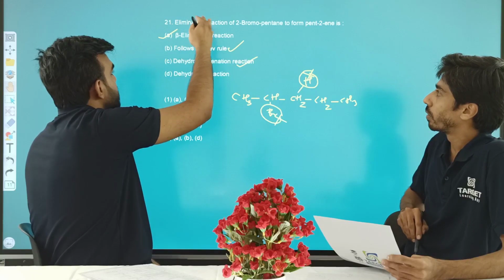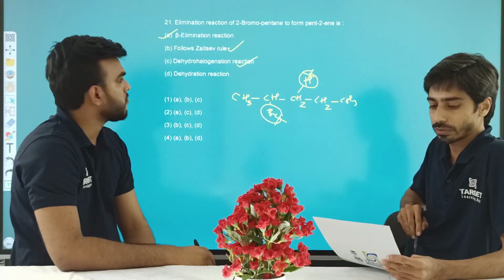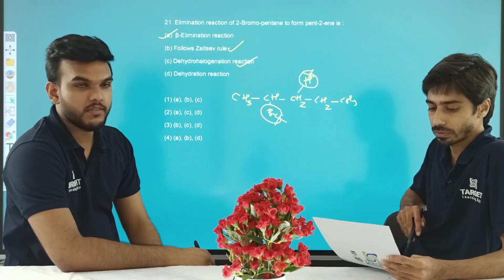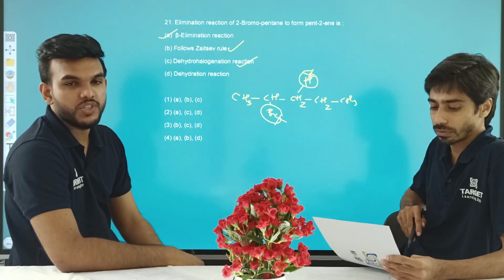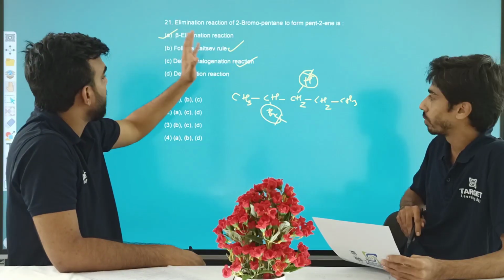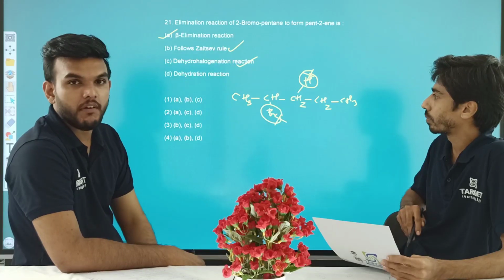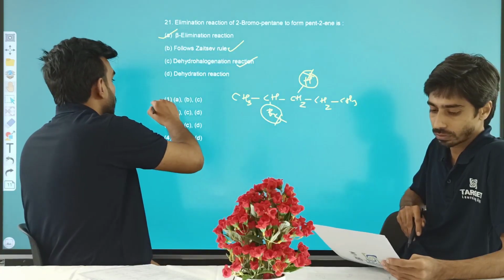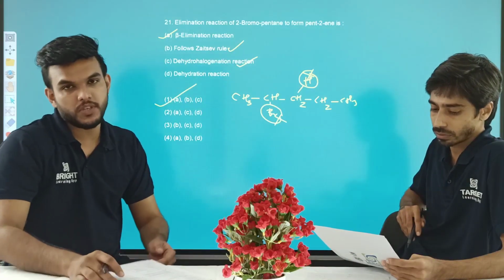So beta elimination reaction is right, it follows the Saytzeff rule is right, and dehydrohalogenation reaction is also right. All three concepts A, B, C are right, and option 1 will be the correct answer for this question.